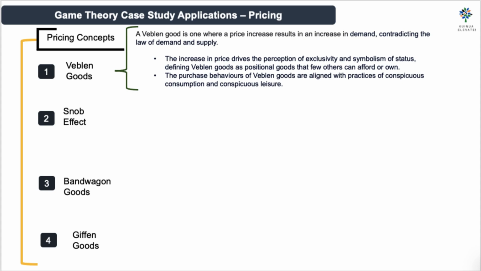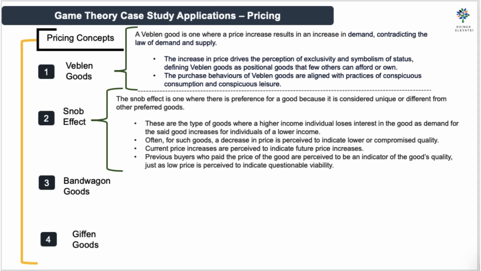These high-income groups lose interest in such a good once the said good becomes more accessible, mainly price-wise, to groups considered to be of a lower income and lower status, a concept that is called the snob effect. Price increases in goods underlined by the snob effect indicate future price increases and therefore drive a desire to purchase more by the primary consumers of such goods, who are typically high income groups.